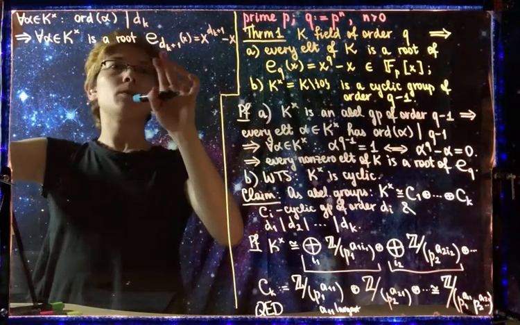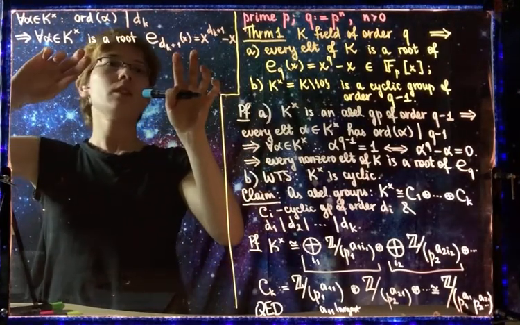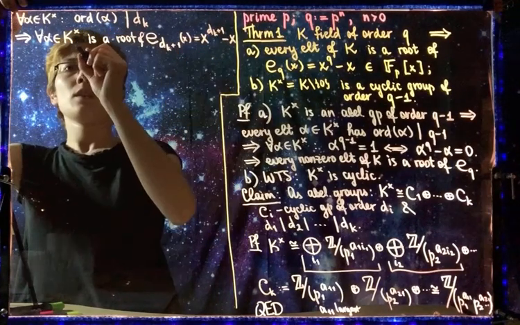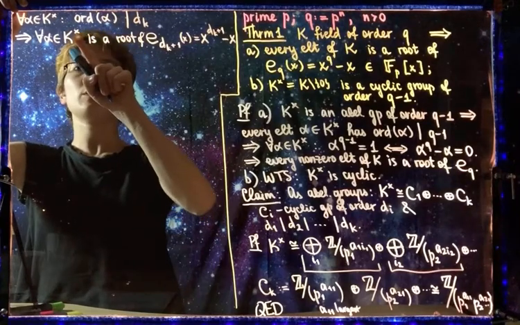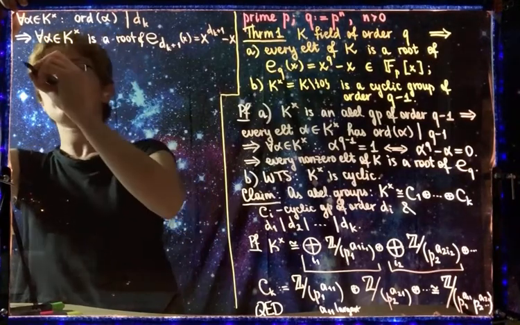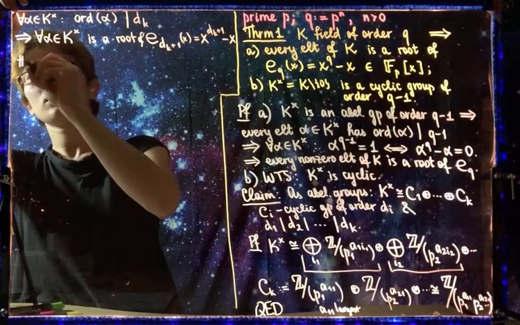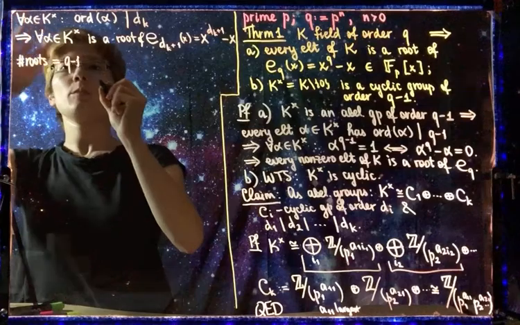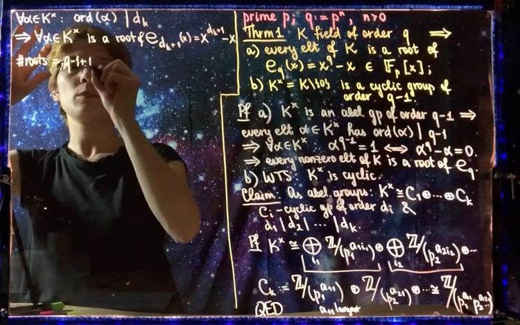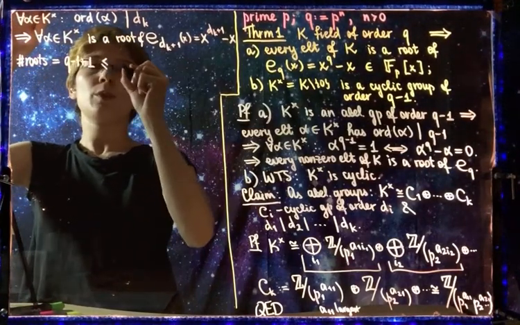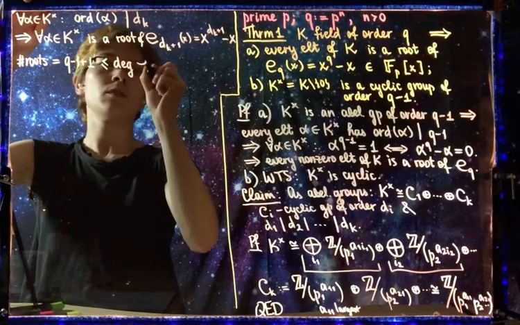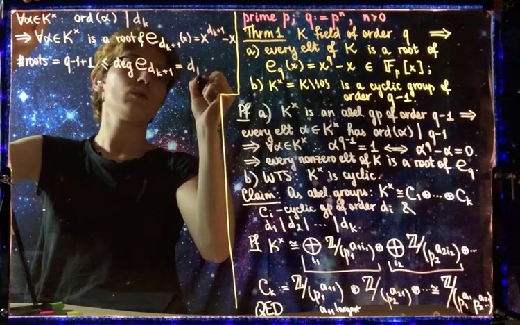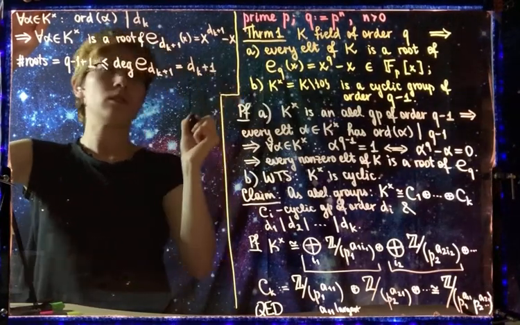But we know that over fields, a polynomial cannot have more roots than its degree. And so we have that the number of elements in k star is q minus 1. Number of roots is q minus 1 plus 0, which is also the root, so it is q. It should be at most the degree of e sub dk plus 1, which is equal to dk plus 1.